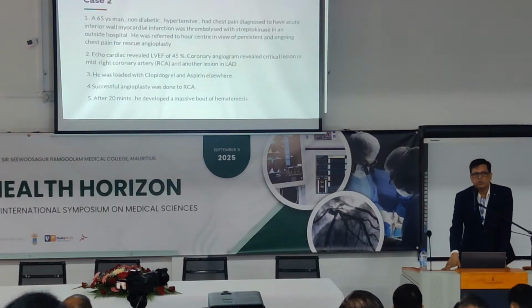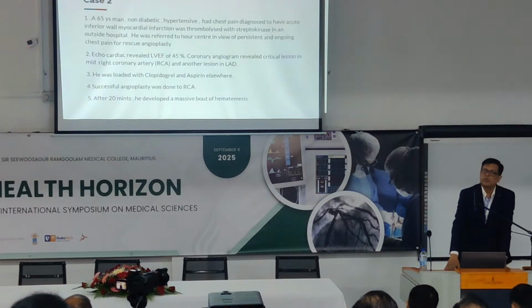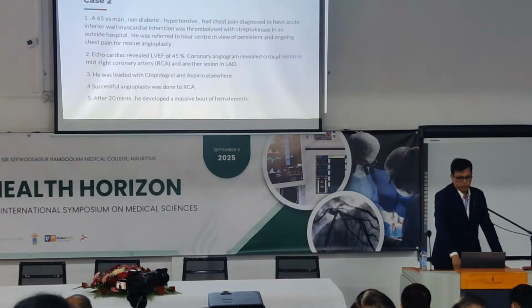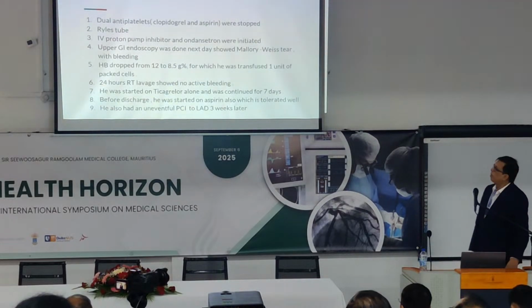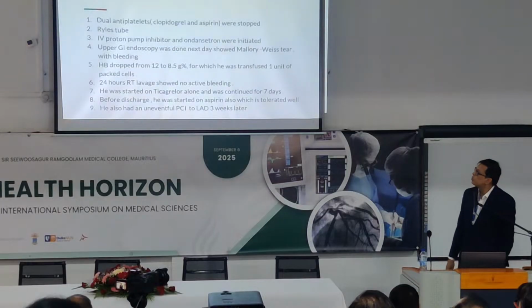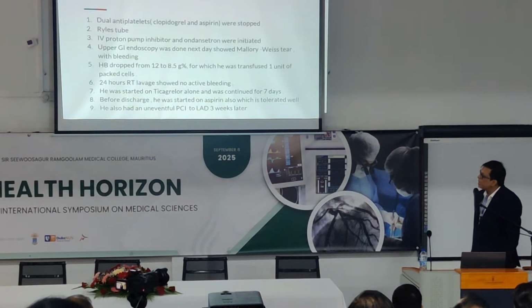What to do? On one side, if you don't give the antiplatelet, the stent will thrombose and ischemia will happen. If you give it, the patient will probably die of the bleeding. This is the choice we have to make in such a case. Of course, at that moment you have to stop the antiplatelet. So how to manage?